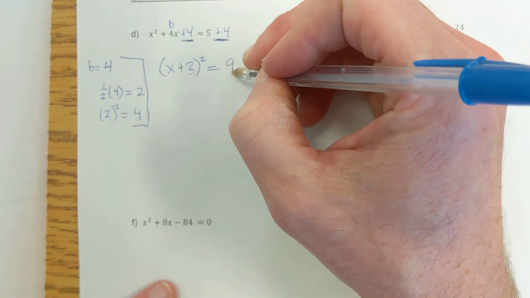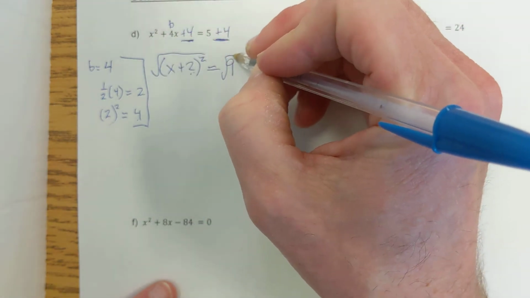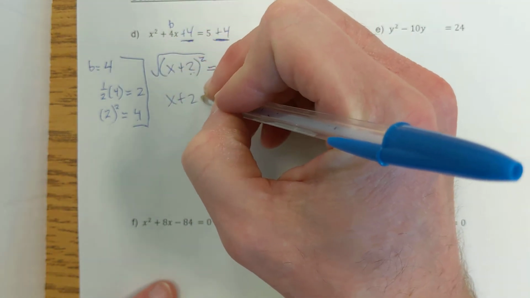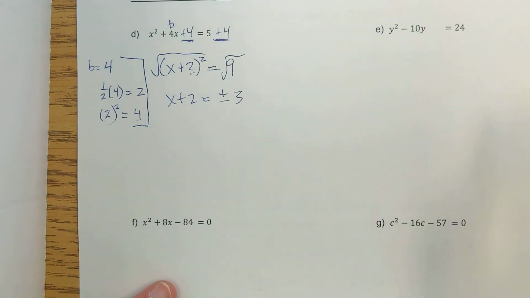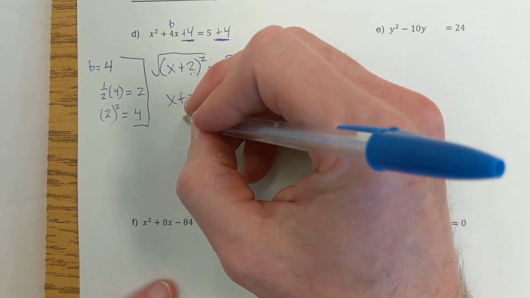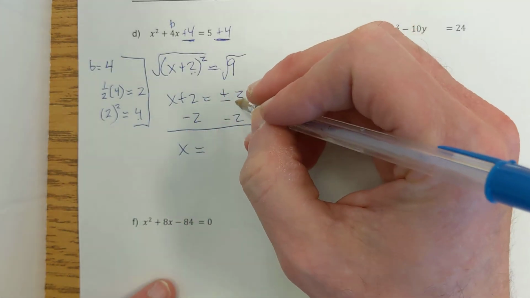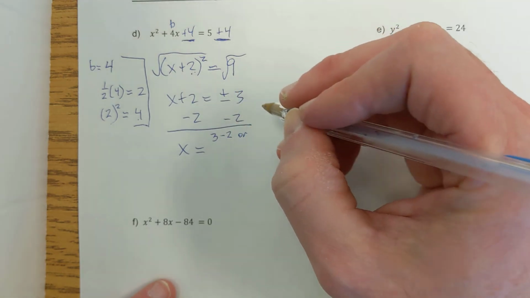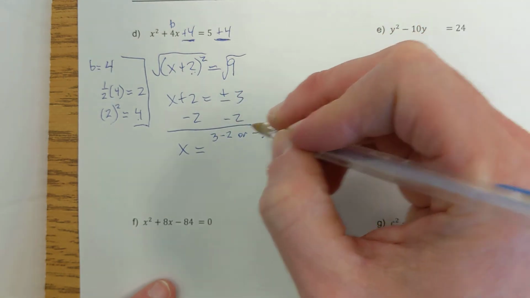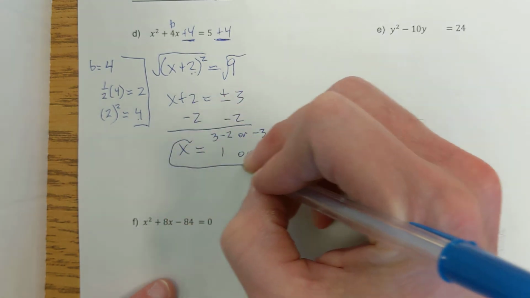Okay, equal to 9. So this is where we use radicals. We're going to take the square root of both sides. We get x plus 2 is equal to plus and minus 3. And then from here on out, we're solving like we did in a previous lesson. We're going to subtract 2. We get x is equal to, that's a positive 3 minus 2, or we would have a negative 3 minus 2, so we get 1 or negative 5.